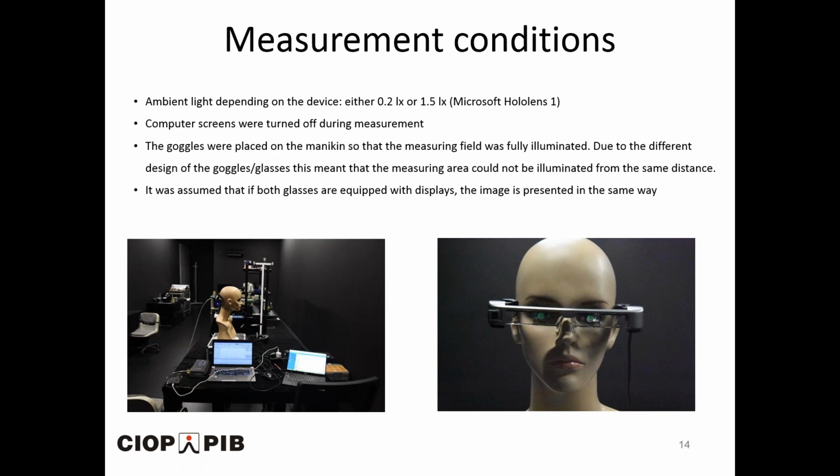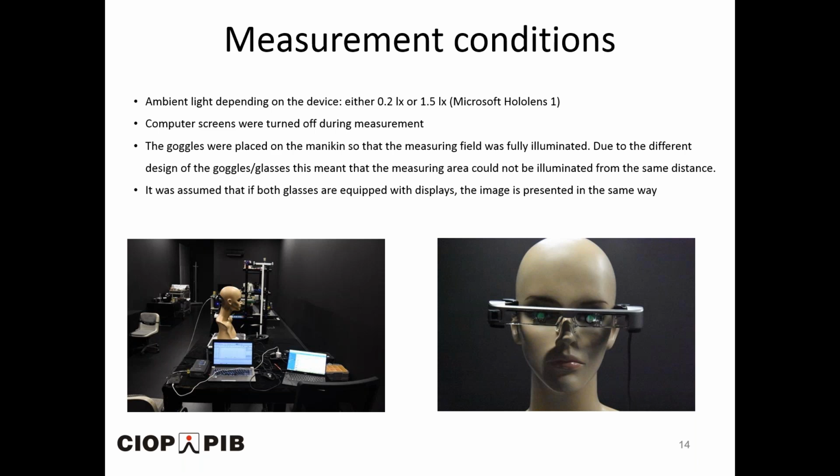Measurement conditions: we were trying to always reach the ambient light near 0 lux, so it was complete darkness. In two cases, we had to turn on the light because, for example, Microsoft HoloLens requires around 1 or 1.5 lux, depending on the environment, in order to work properly.